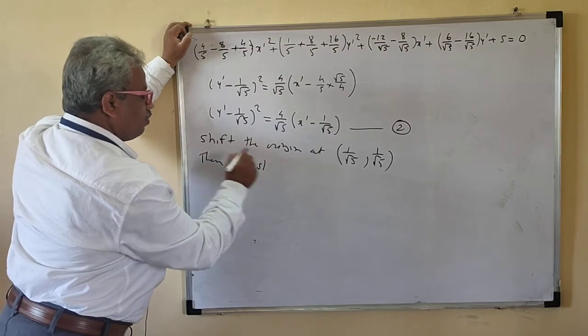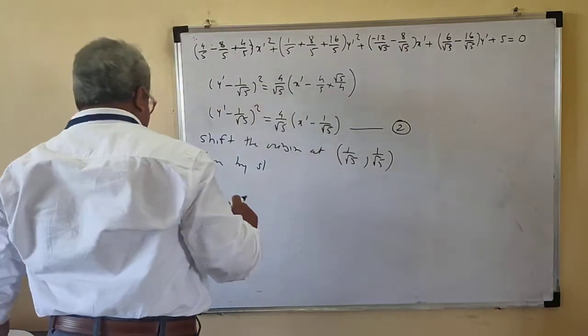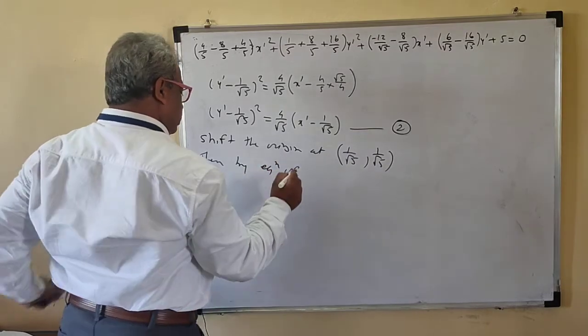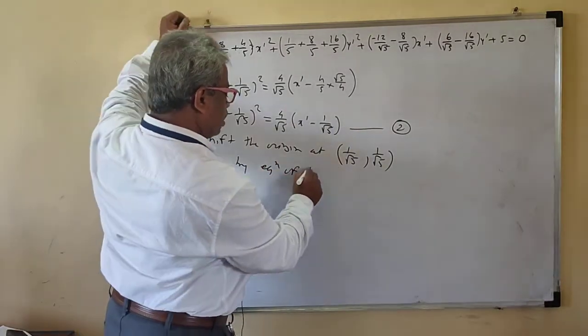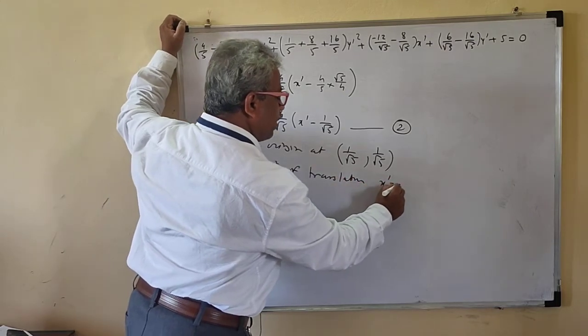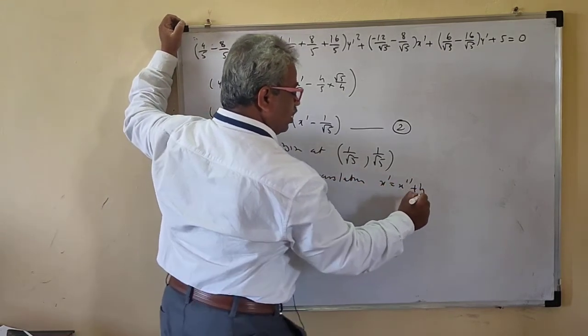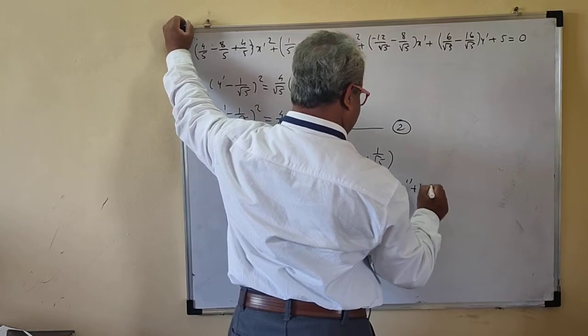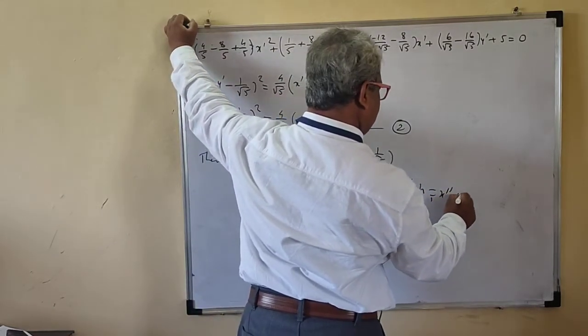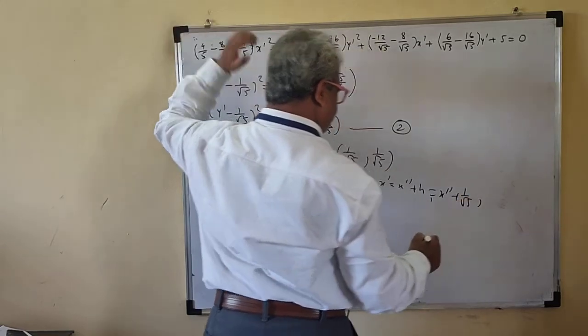By shift of origin formula, by equations of translation, x prime is equal to x double prime plus h, so x double prime plus 1 by root 5.